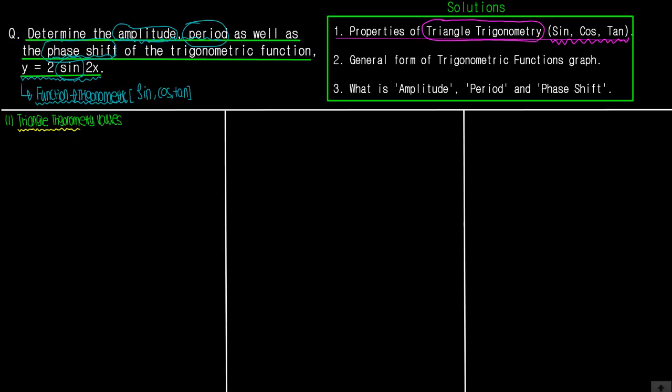And what is the most important thing in triangle trigonometry? It will be our triangle, because that is where we can apply it. And what triangle specifically? It will be a right triangle. So if you want to apply triangle trigonometry, we always require a triangle that has a right angle.